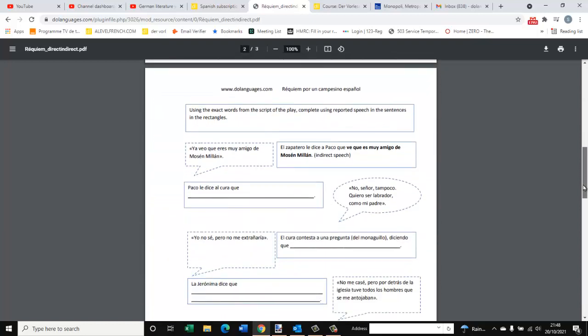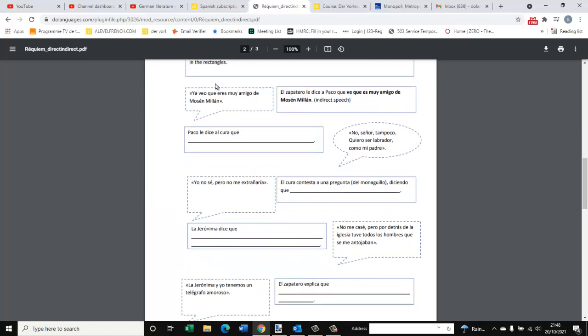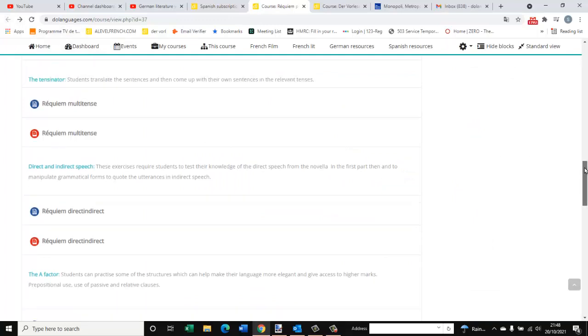Then we take them on to do reported speech, because reported speech is a very elegant way of giving quotation rather than fitting in the direct quotation.